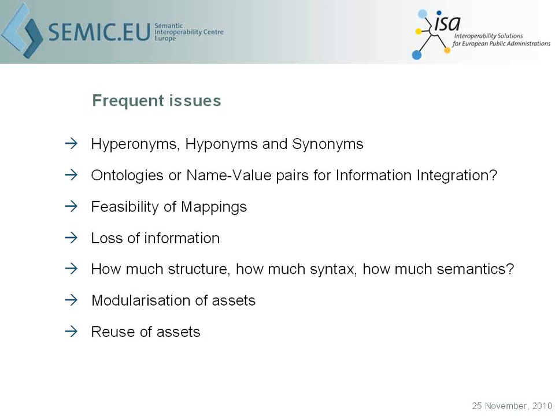So there are both: some more academic ontology work and some really practical work, where you take one name, one value, and the user will see that bank account is the label for that number. So, different approaches. Feasibility of mappings, of course. I already said a lot of projects have to live with a loss of information.